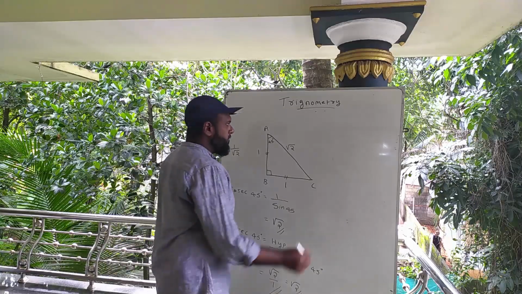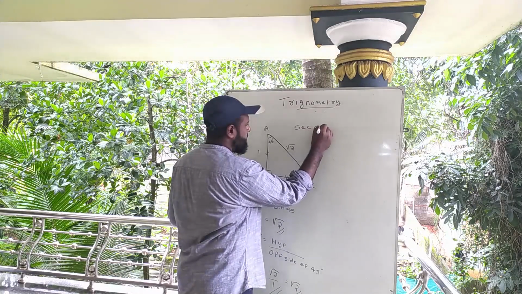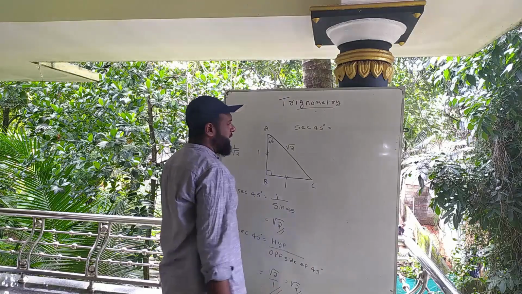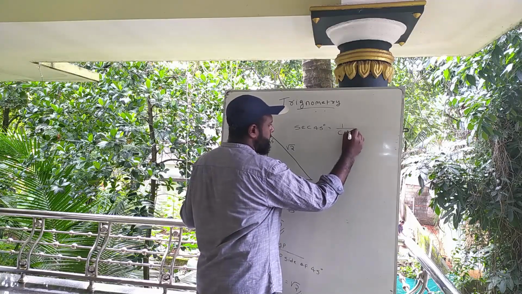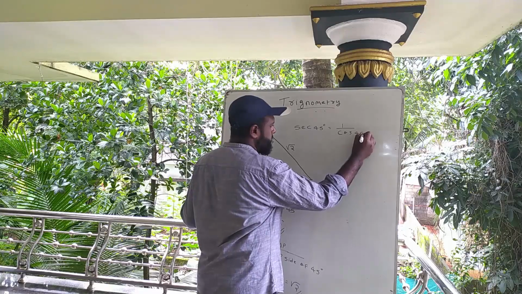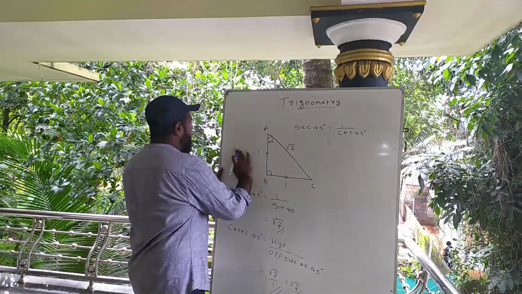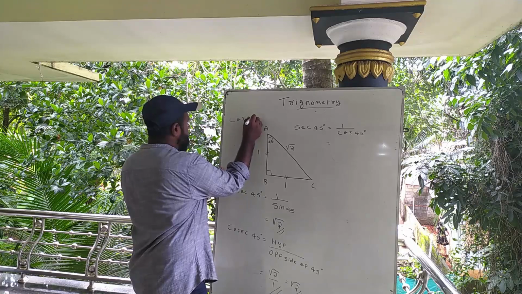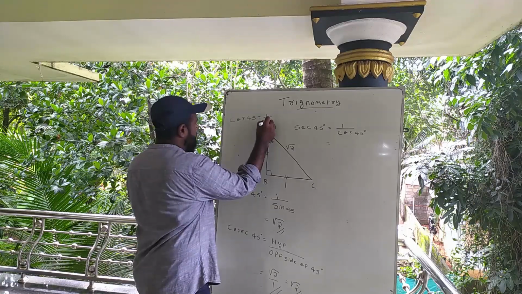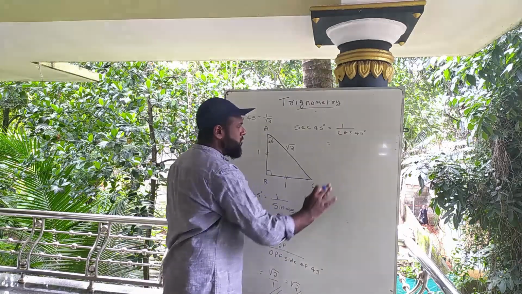Next we can learn what is sec 45. Sec 45 degree equal to 1 by cos 45. What is cos 45?